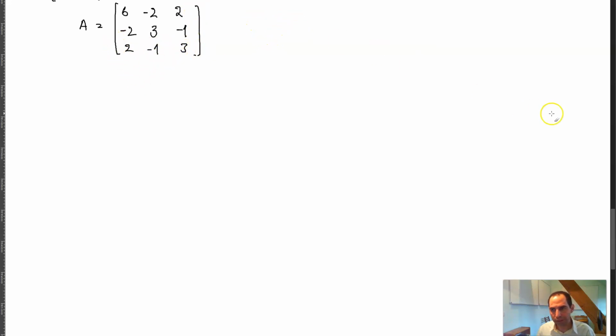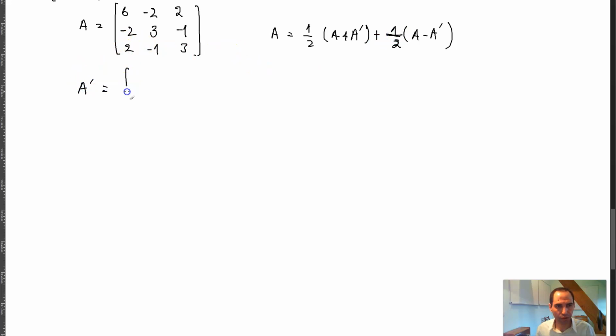Again, I have to do the same thing, meaning that I have to write A as 1/2 of A plus A prime plus 1/2 of A minus A prime. So now what is A prime here? A prime is equal to 6, -2, 2, -2, 3, -1, and 2, -1, 3.